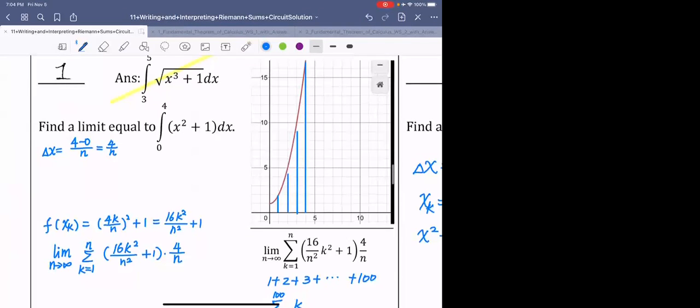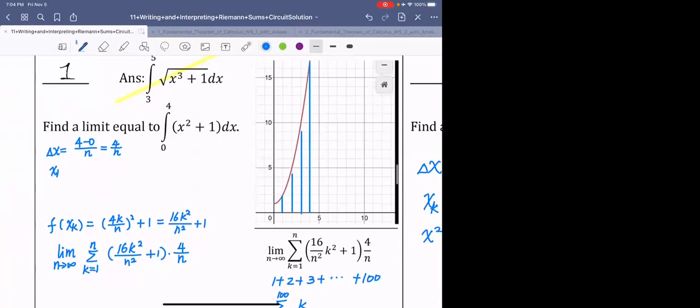Next step, what do we do? We can express xk. How do we express xk? I think it's equal to 0 plus k times 4 over n, or k times the change in x, which is 4 over n. So xk starts from the lower limit. If it's 0, it's 0. If it's not 0, it's going to be a, and then a plus k times delta x. k is the subinterval index.